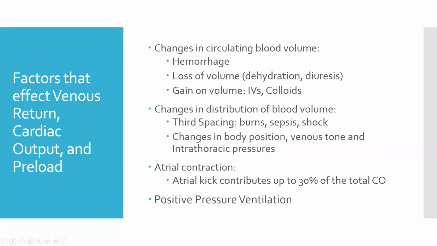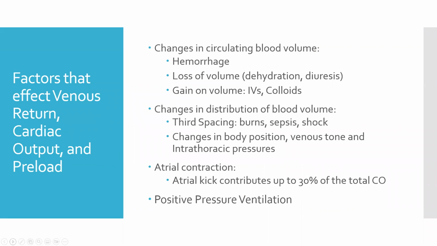Factors that affect venous return, cardiac output, and preload include changes in circulated blood volume. These have to do with hemorrhage, loss of volume such as you see in dehydration, so inadequate fluid intake or excessive diuresis. Gain in volume, so IV colloids can have the effect of increasing oncotic pressure.